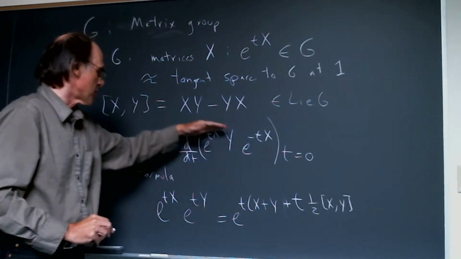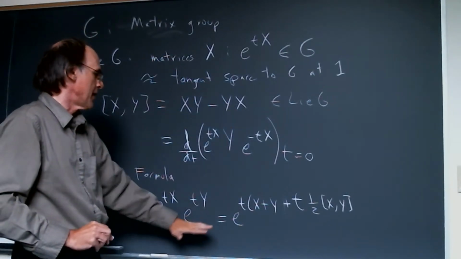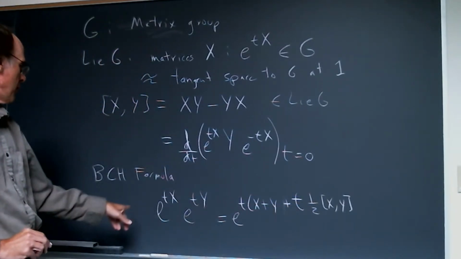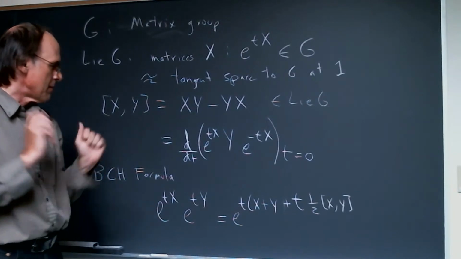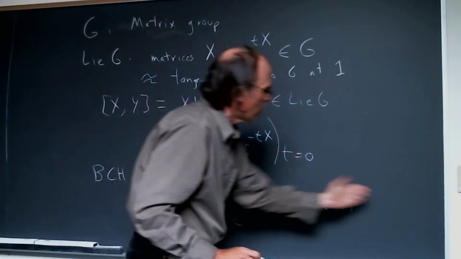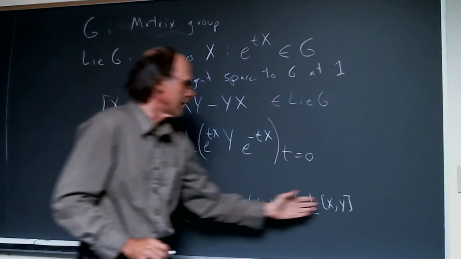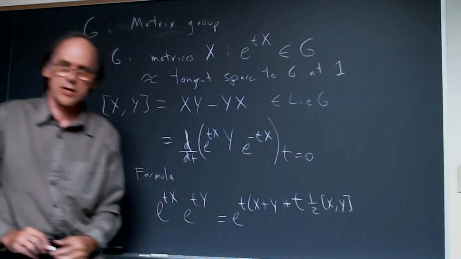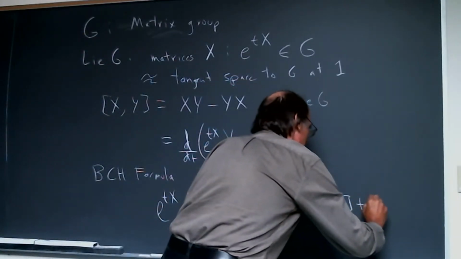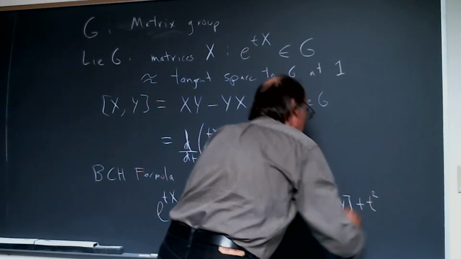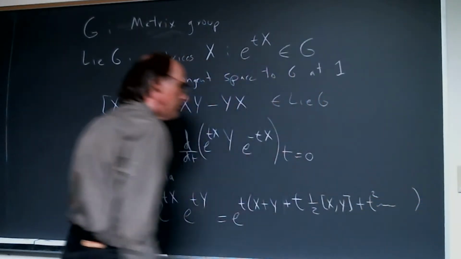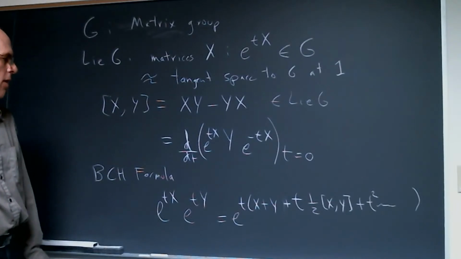The reason I'm not writing this out is that in general you get a very long, infinitely long series, which depends upon the commutators and is hard to understand, with a t squared term plus more terms.